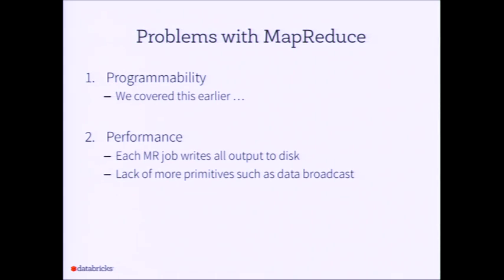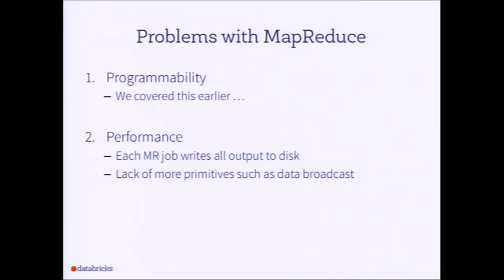And the second part is MapReduce is very restrictive. It's almost too restrictive, to the point that there are other higher level primitives that are lacking from that programming model. People are finding that out very soon. One simple case is that in a lot of workloads, sometimes you want to broadcast a data set.